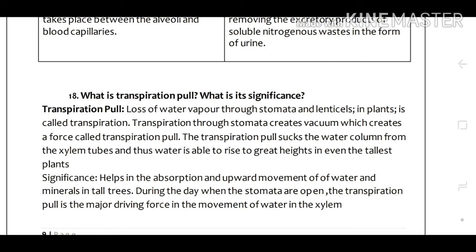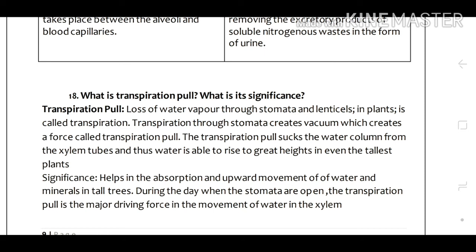The transpiration pull sucks the water column from the xylem tubes, and then water is able to rise to great heights, even in the tallest plants. Significance: it helps in the absorption and upward movement of water and minerals in tall trees.